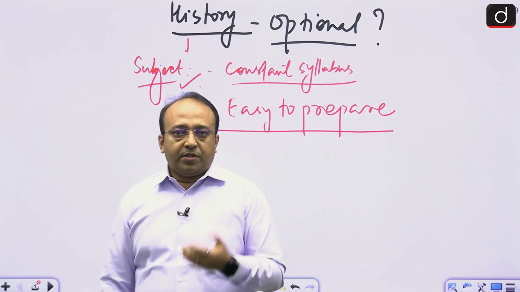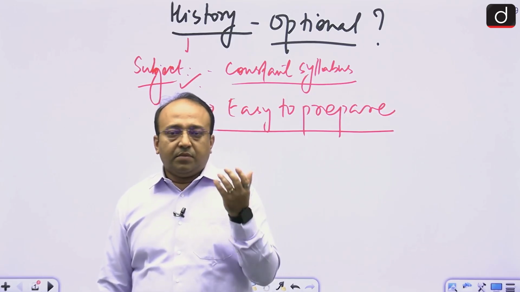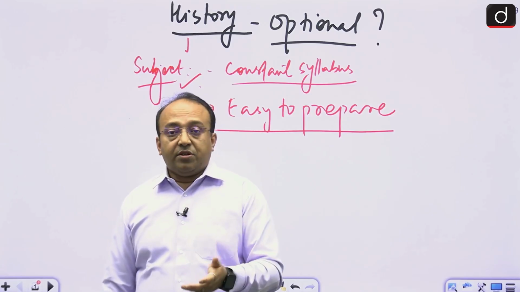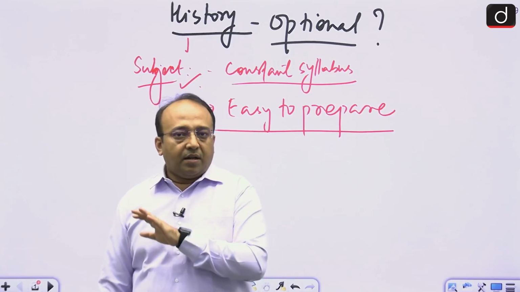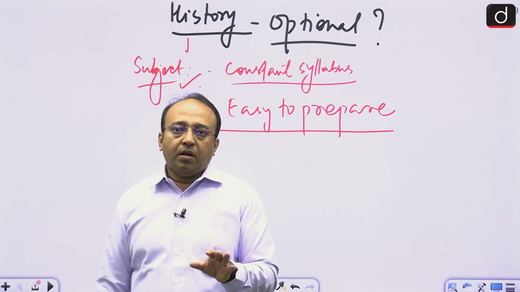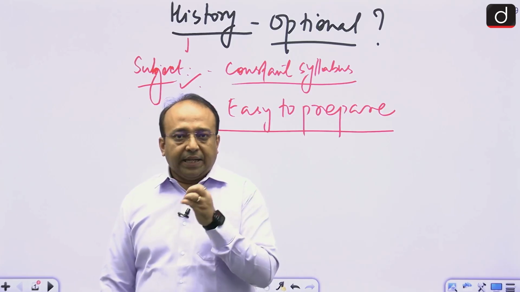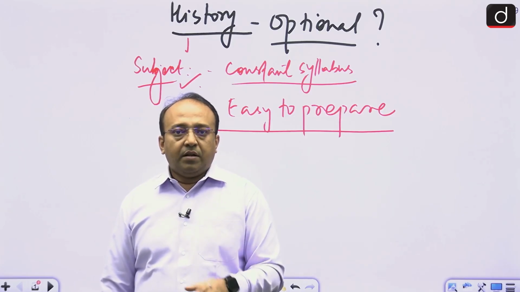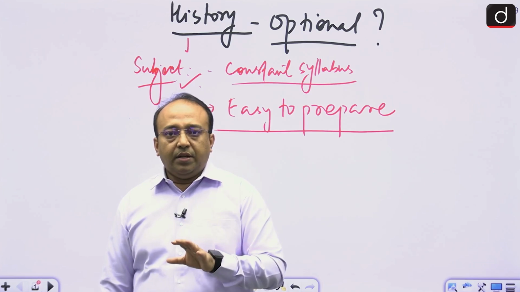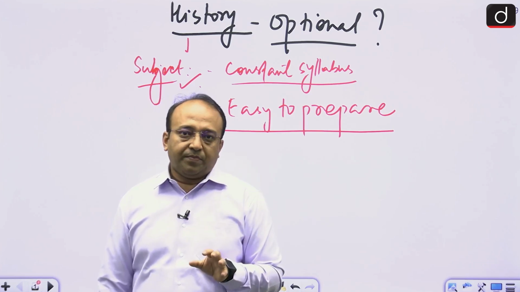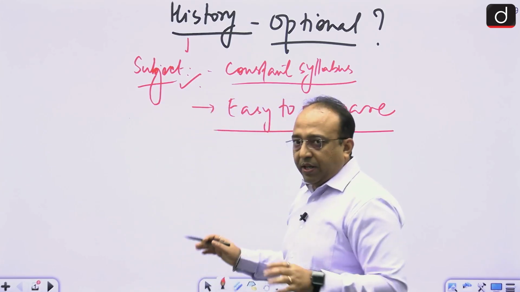Fine, the syllabus is constant, the content is available, materials are available, teachers are available, things are simple, straightforward. That is the reason why for any ordinary mind, it is easy to understand and accept the entire details of history in the optional paper as well. So, that is actually the advantage.